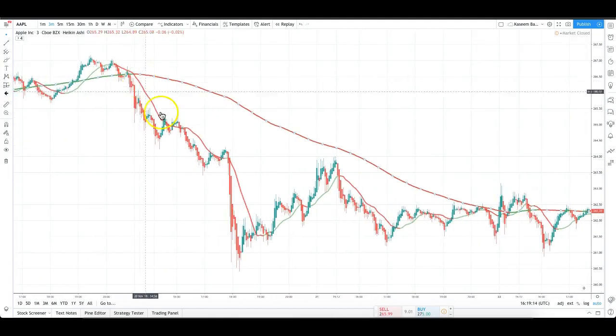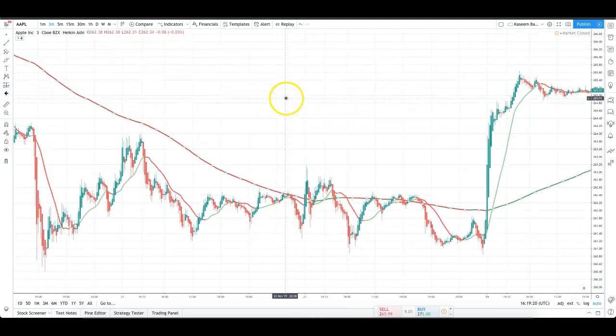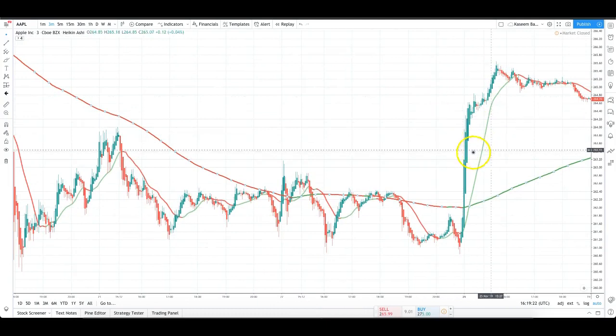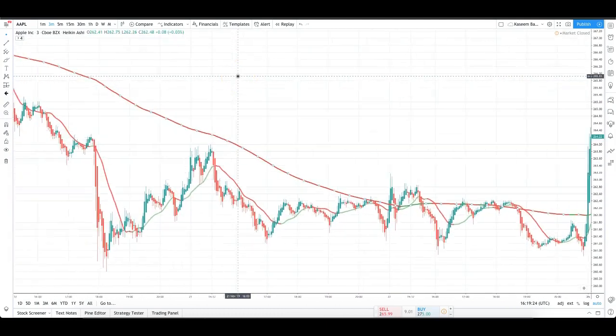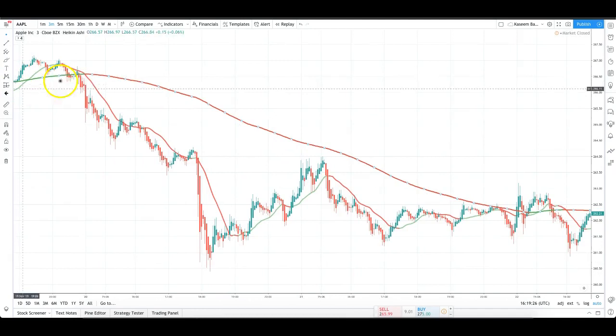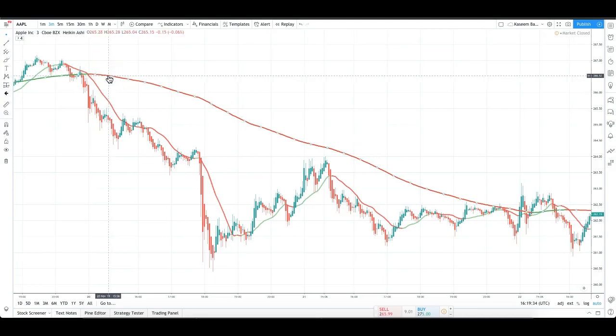And when prices are below, we're looking to buy puts, which is going short. If you're trading forex, going long or going short. But the main thing is we're looking at the 200 moving average, prices above it or below it.